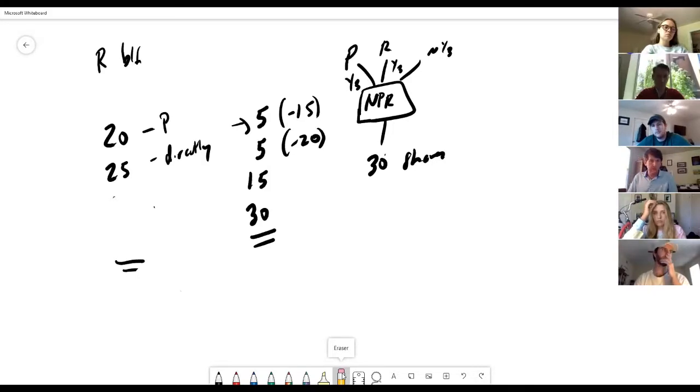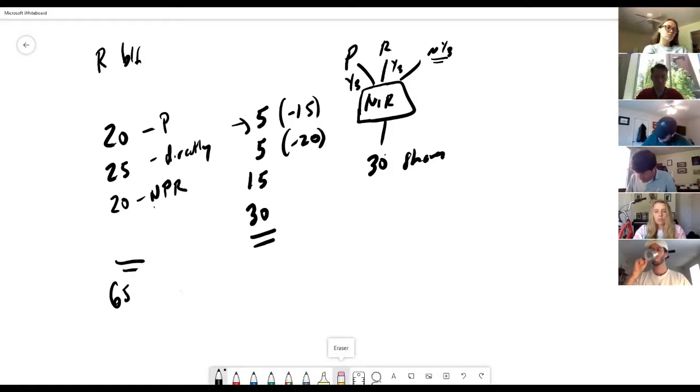And Rachel will be deemed to own Paul's shares up here. So Rachel owns 2/3 of NPR, but not this third. Since she owns more than 1/2 of NPR, she owns proportionally NPR's shares. So she's going to own 20 through NPR. 2/3 of 30 is 20. So that's 65 out of 100.